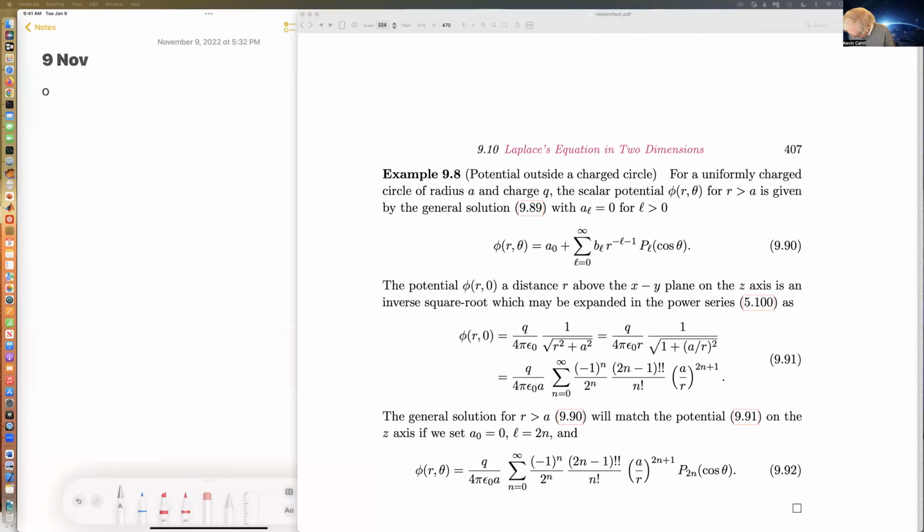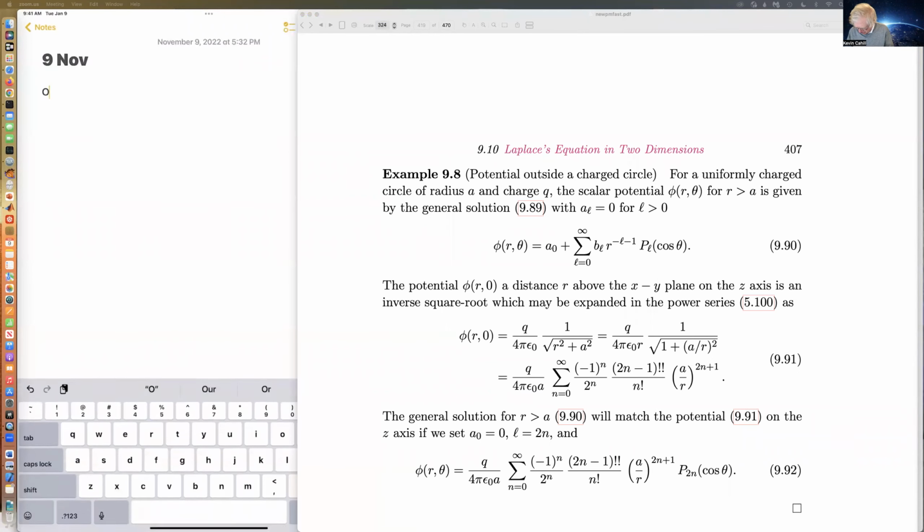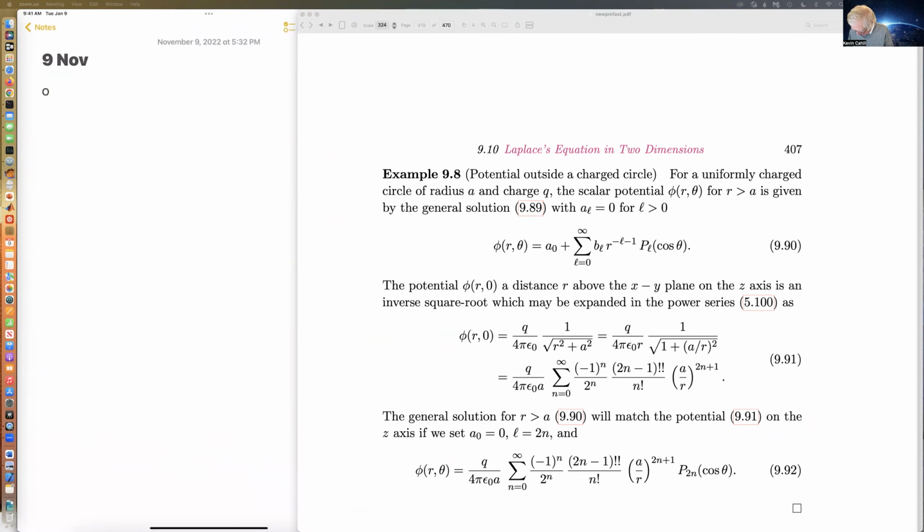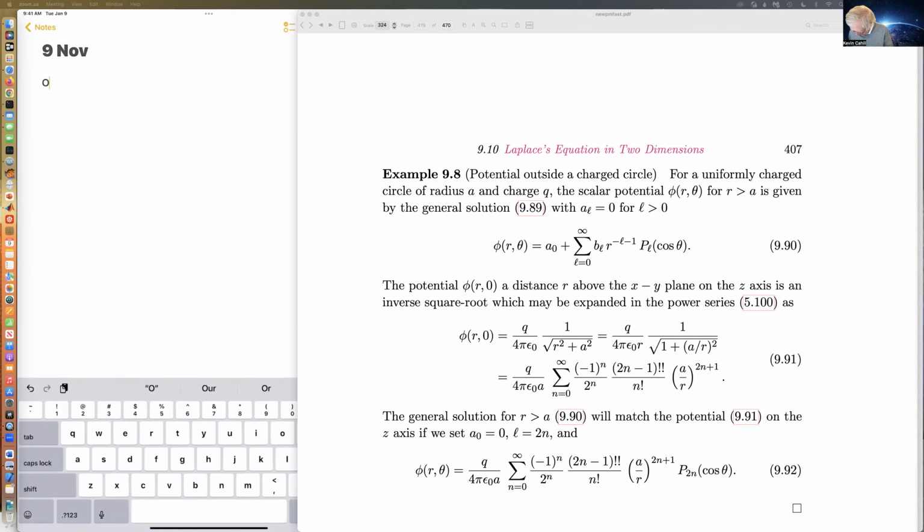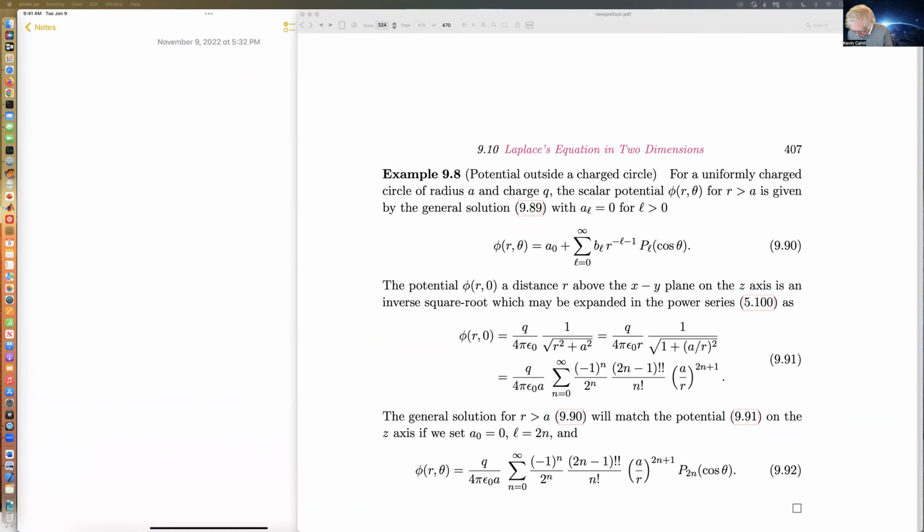Now I made a ring and bingo, it changed. I don't know what is going on with this thing. All right, now I've lost everything. So let me just say 9 November.